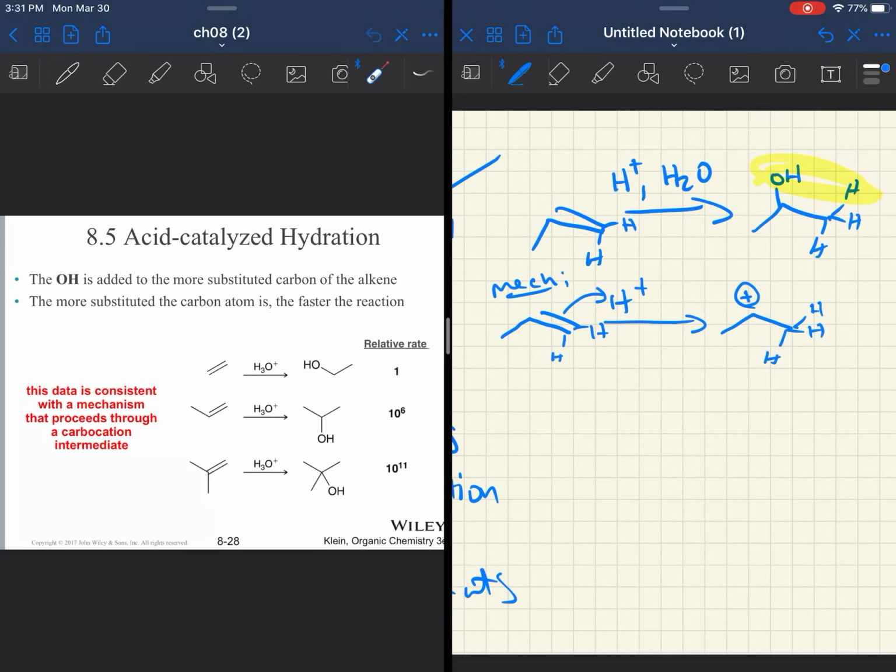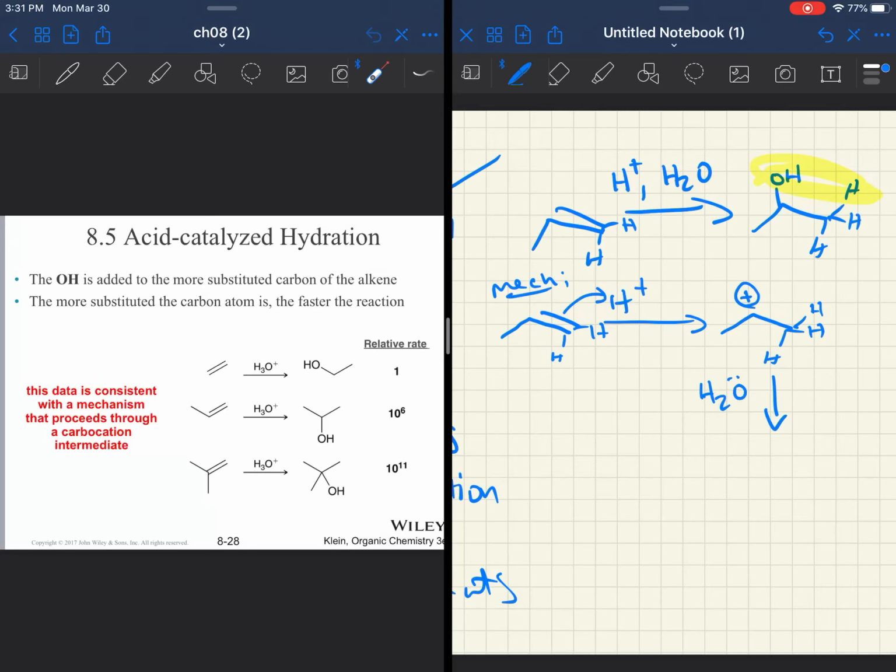So the hydrogen went to the end. We wound up with a secondary carbocation. That's why something with more substitution reacts more quickly, because in this case you would get a primary carbocation, secondary, tertiary, right? The more substituted that carbocation is, the more stable. The more stable the intermediate, the lower the activation energy.